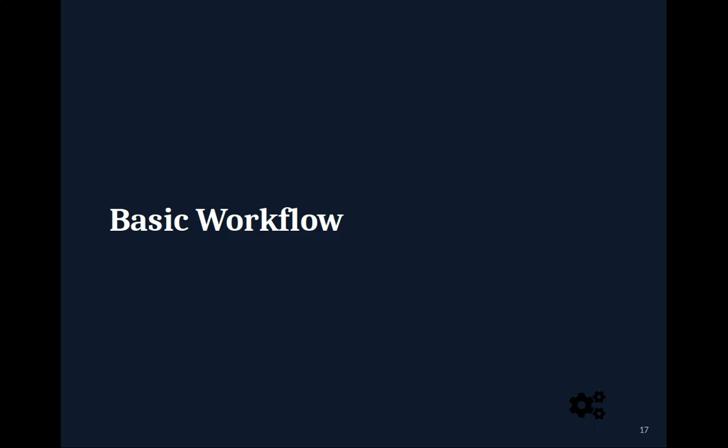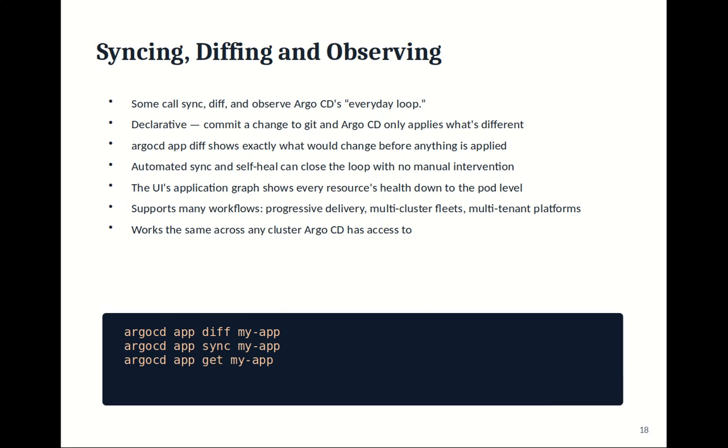Basic workflow. Syncing, diffing, and observing: some call sync, diff, and observe ArgoCD's everyday loop. Declarative: commit a change to Git and ArgoCD only applies what's different. argocd app diff shows exactly what would change before anything is applied.